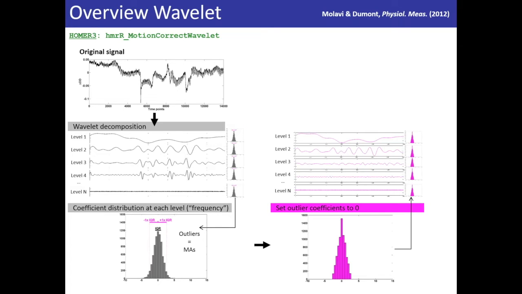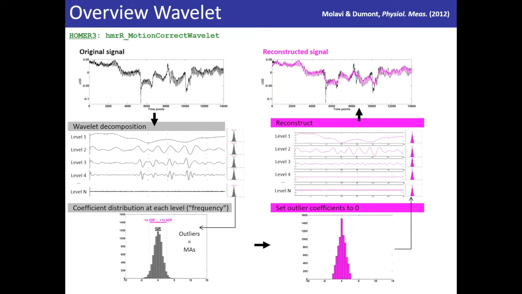And then we recompose the signal back by an inverse wavelet transformation, and it nicely corrects for spikes, but not the offsets in the signal. You see, this spike is corrected, but there's this baseline shift.